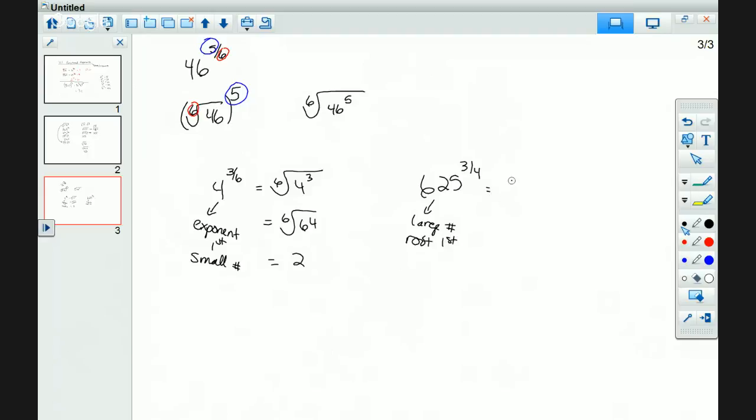So this is the one where I would do the 4th root of 625 and then cube that. So 5? And 5 cubed is, so just two strategies there in general.